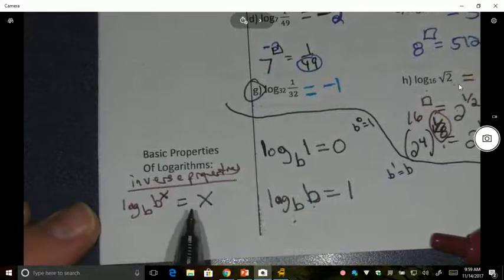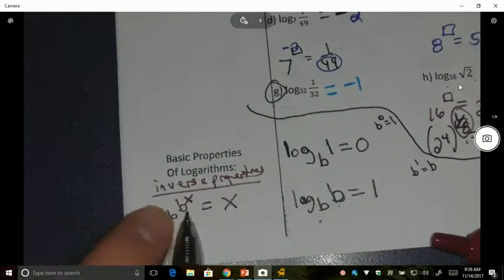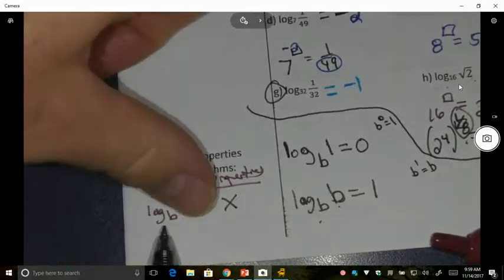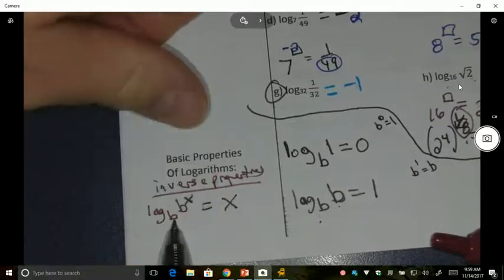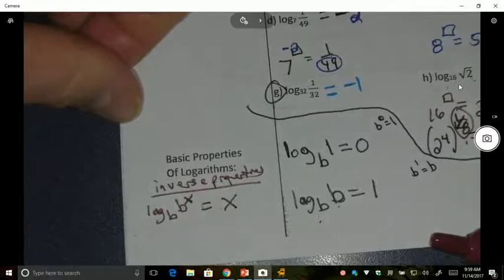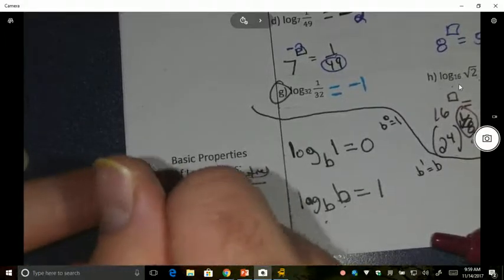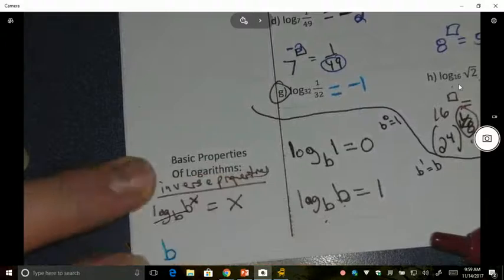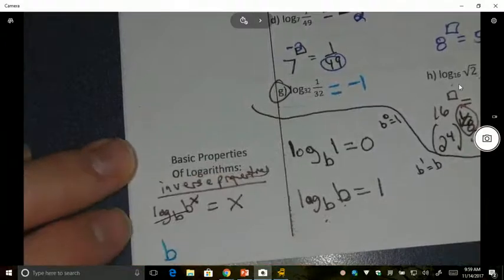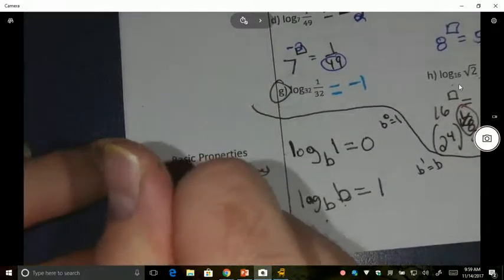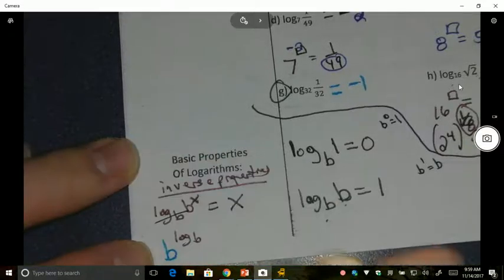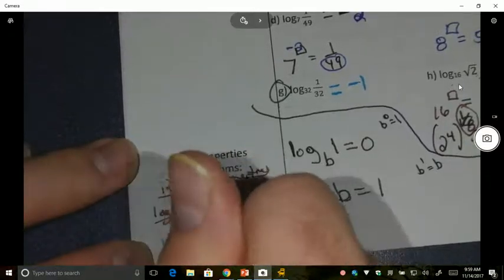But how we're going to think about this is, if you look at this, I have an exponential function with base b inside a logarithm with base b. So they undo each other, and I'm left with x, as long as they have the same base. Similarly, I could have an exponential function of base b, and in the exponent have log base b of x.